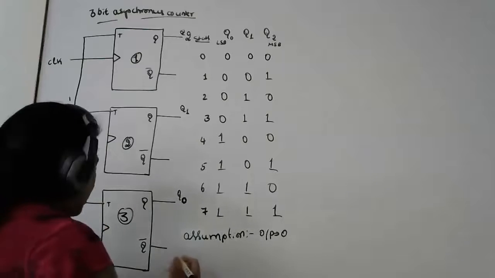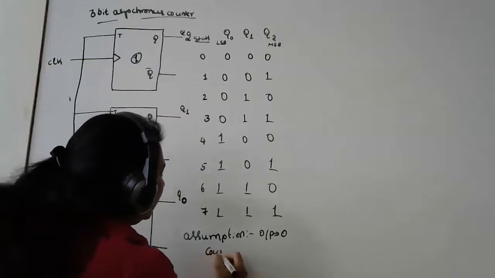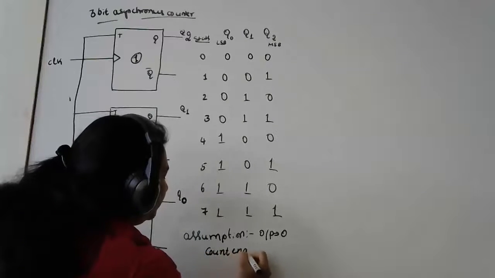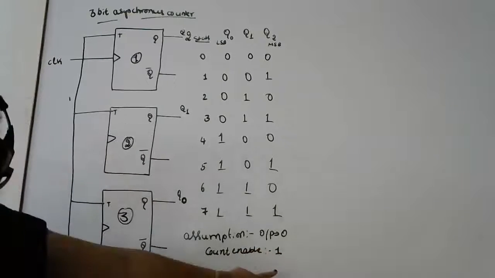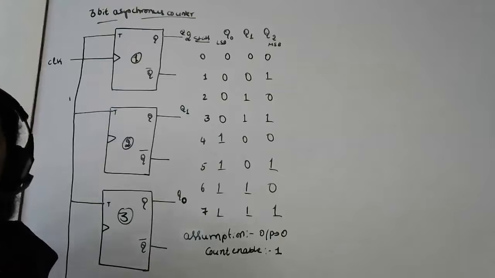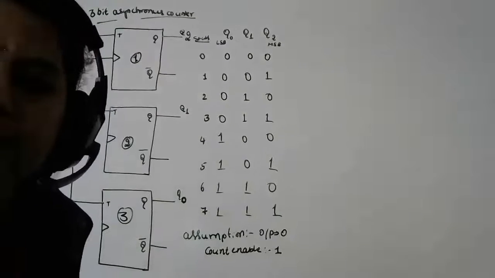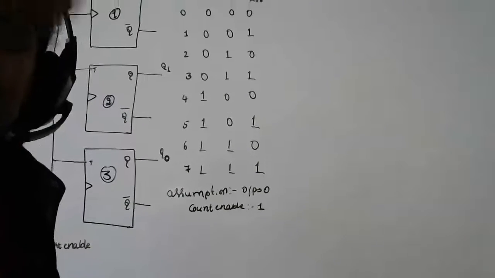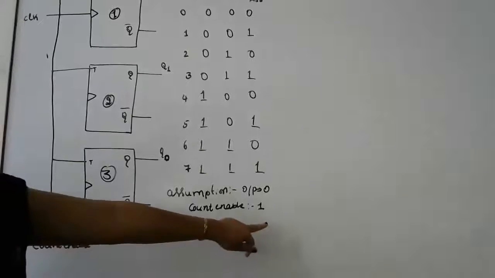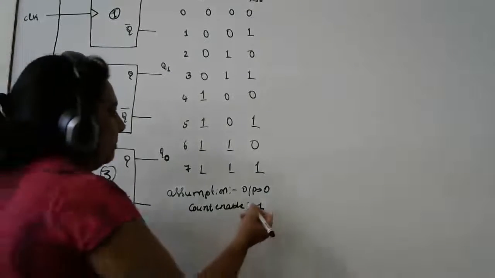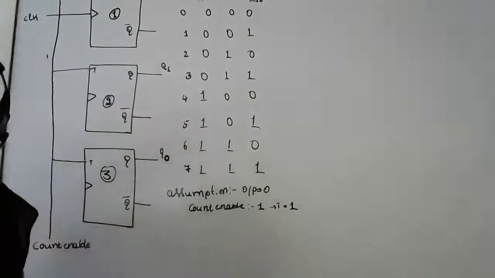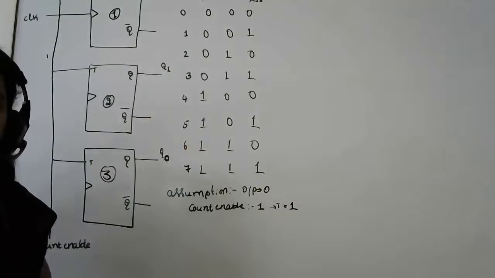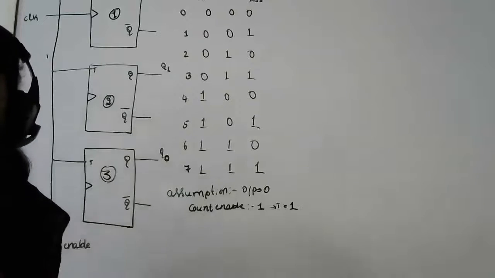The second assumption is that my count enable is made 1. What do you mean by making your count enable equal to 1? Indirectly, I am making my T to be in the 1 state. Okay. So, with these 2 assumptions, we'll start the design of a counter.